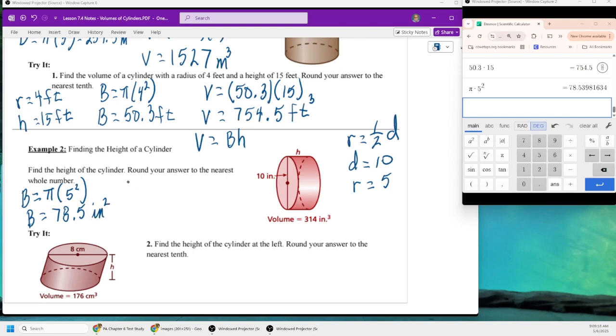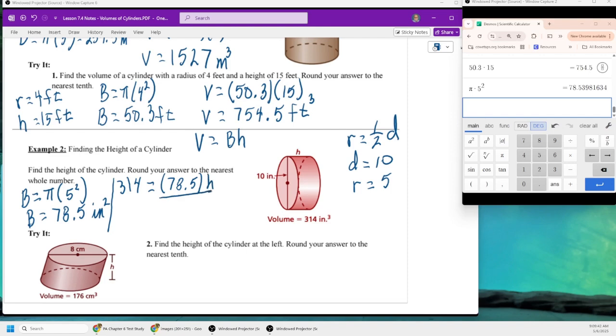Now, our volume is 314. So that will equal the area of the base, which is 78.5, times the height, which we don't know.